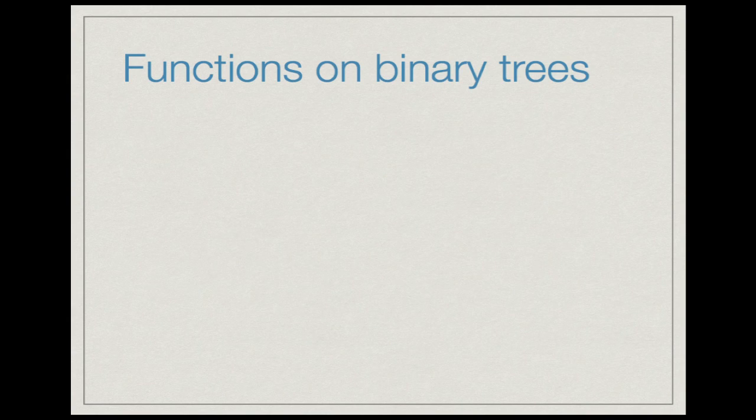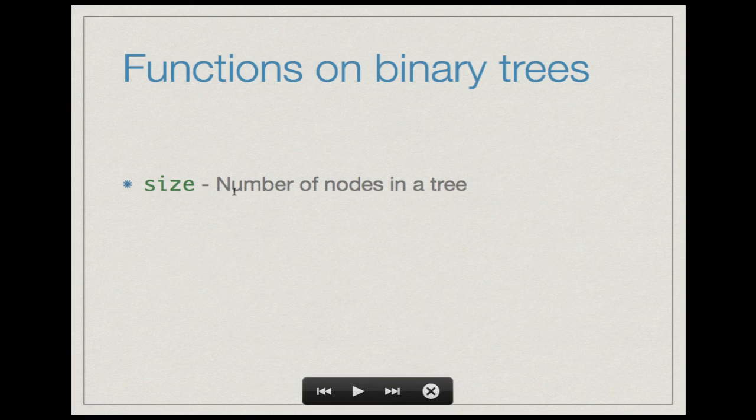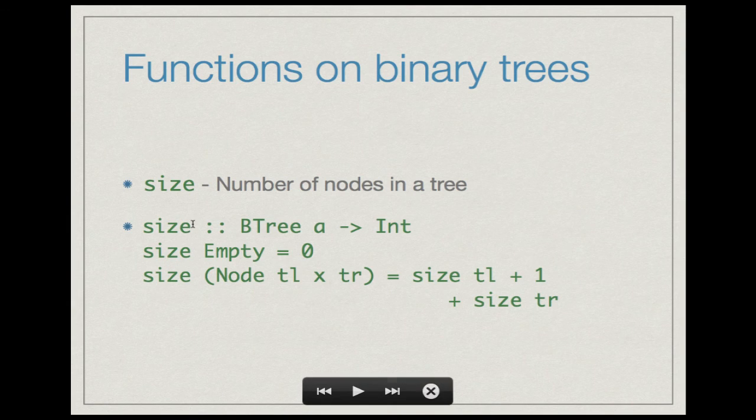Now you can define functions on binary trees as usual by using pattern matching. Here is a simple function on binary trees. The function size, which returns the number of nodes in a tree. Size is a function with signature b tree a arrow int. Size of empty equals 0.